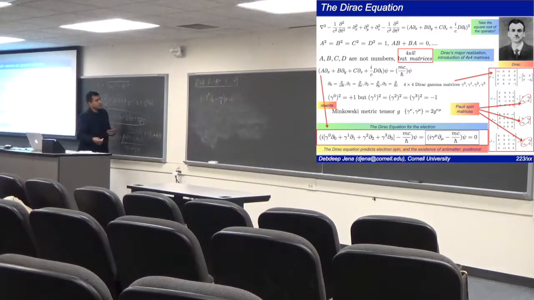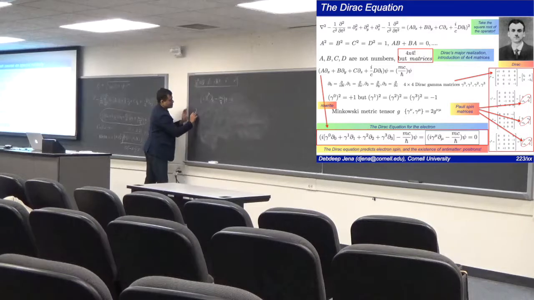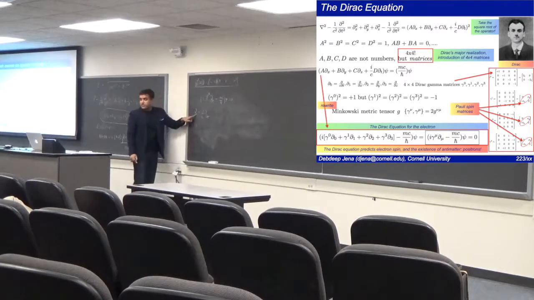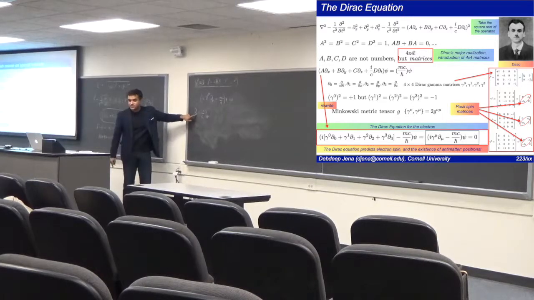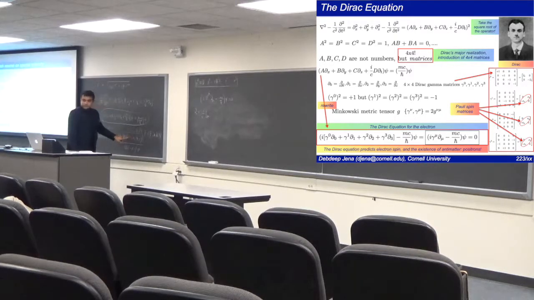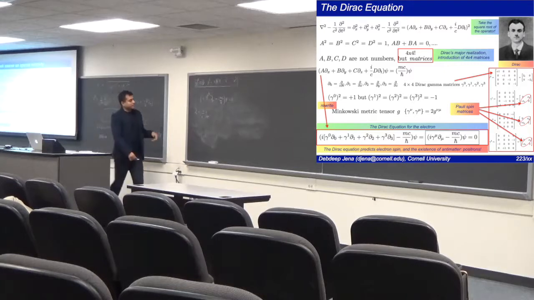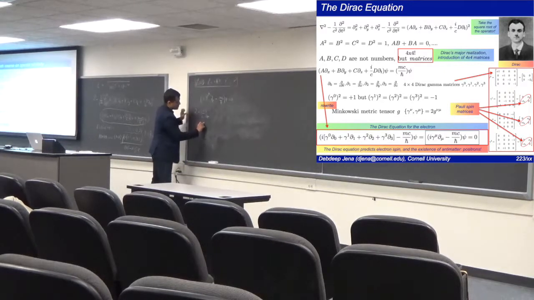So the 0 term, del 0, would be 1 over c del by del t, because index 0 is time, ct. Similarly, del 1 would be del over del x, and so on.